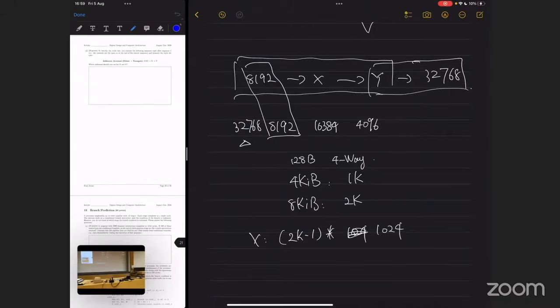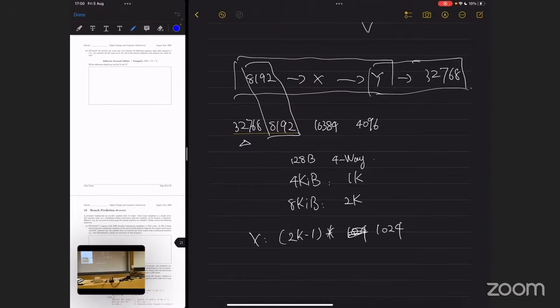In this case, if the cache size is 4 kilobytes, then this access of X would replace 32K. And if the cache size is 8K, then this odd multiple will not replace 32K, and it will go to another set. So the access of Y to the same address would hit.